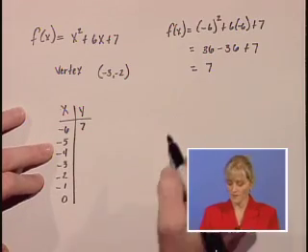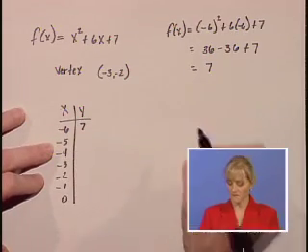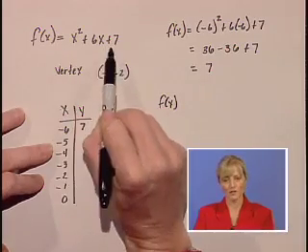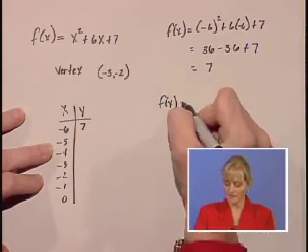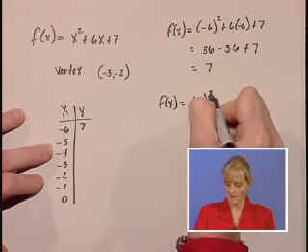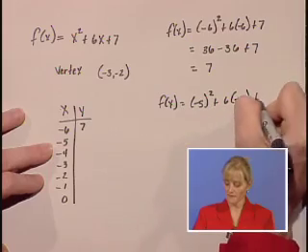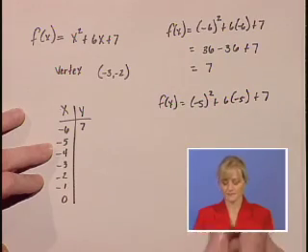Let's do one more. Let's choose x to be negative 5. Wherever we see an x in our original equation, we're going to substitute a negative 5. Negative 5 squared plus 6 times a negative 5 plus 7.